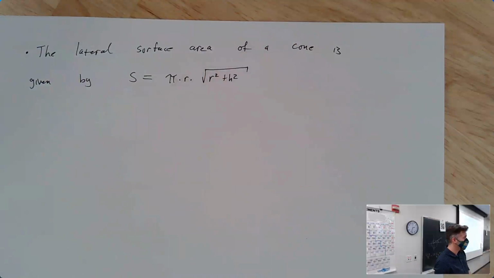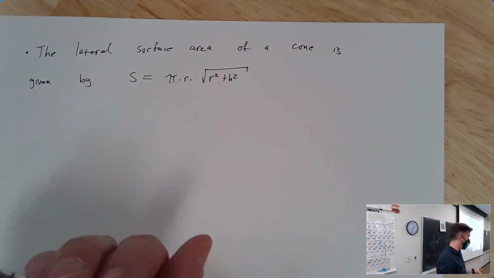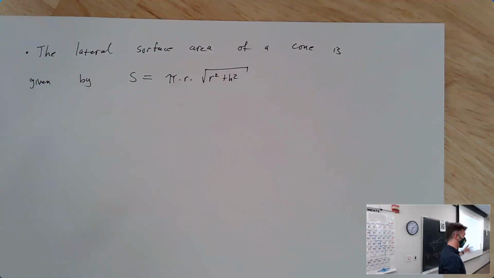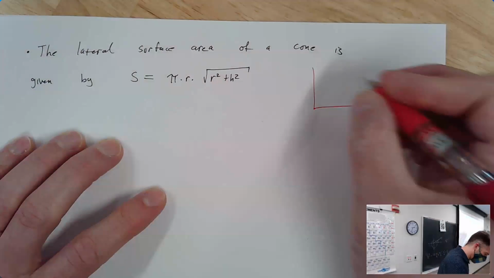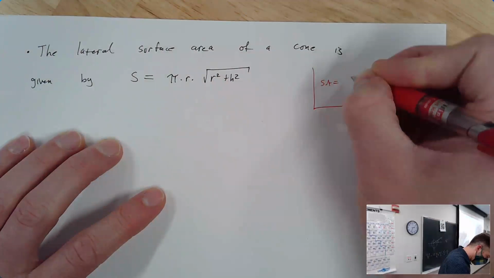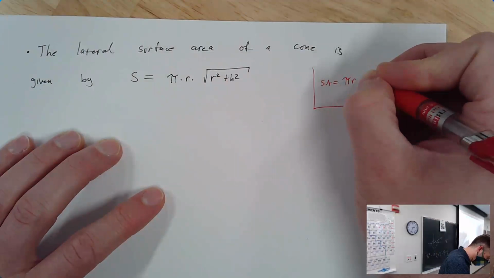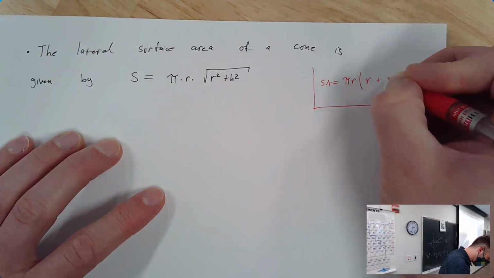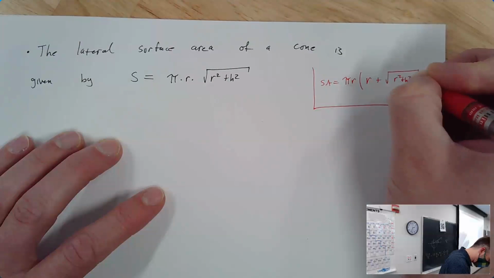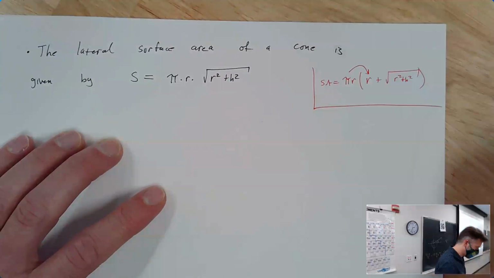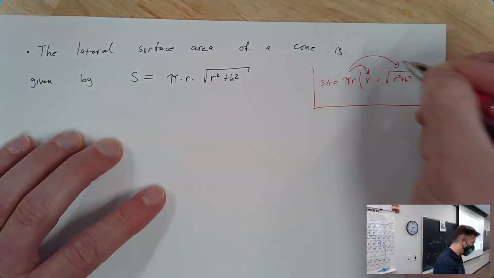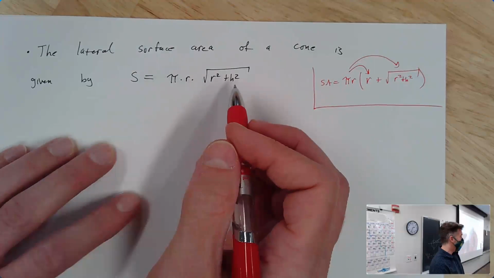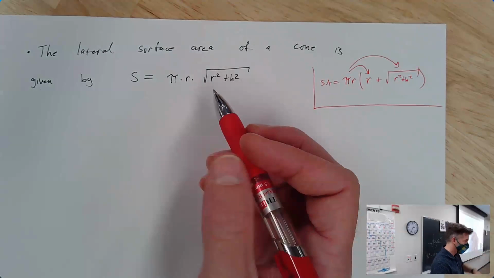Now, if you've looked up the formula for surface area of a cone on the internet, which I imagine many of you have because it was the homework question, there's another piece: a plus pi r squared, because that's the area of the circle on top that we're not talking about. So the usual formula you see is written kind of terribly as pi times r times r plus the square root of r squared plus h squared. Because that part there is the circle on top, and that part there is the around part of the cone. And that's what we're looking at here, the lateral surface area, not the top part.